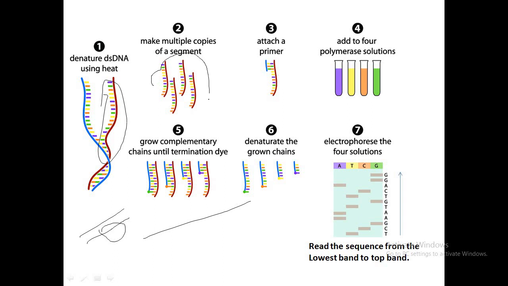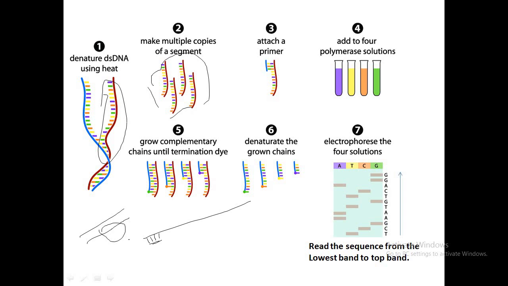Okay, and then add primer. So what is the function of primer here? Primer will go and bind to that particular region of DNA whose sequence you want to know. DNA being a very long molecule, Sanger sequencing can only help us determine around 800 to 900 bases.